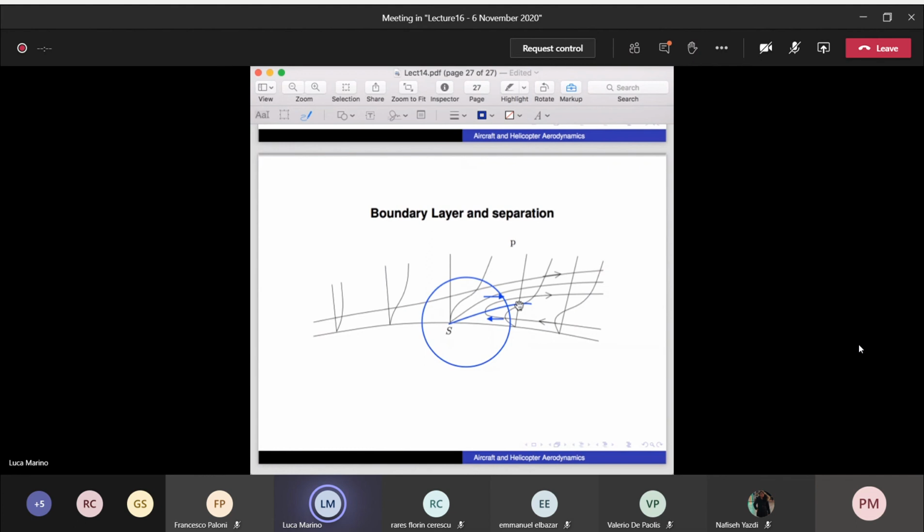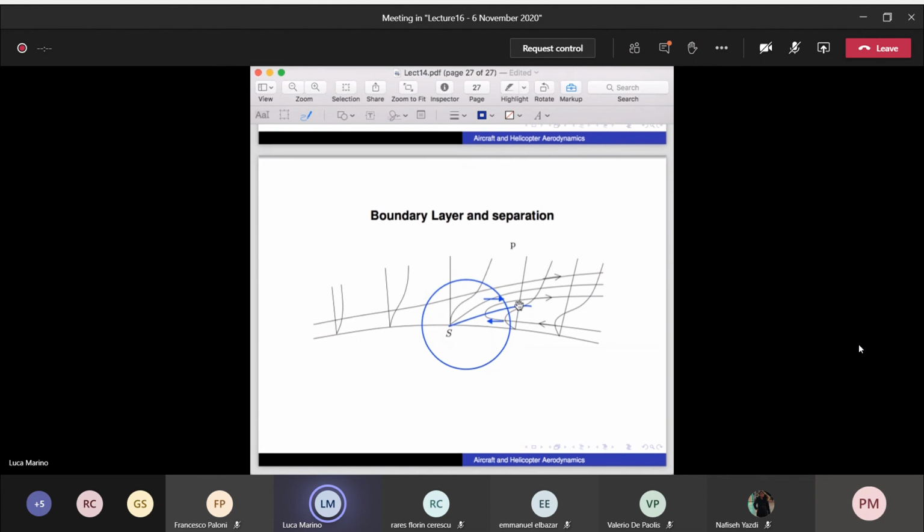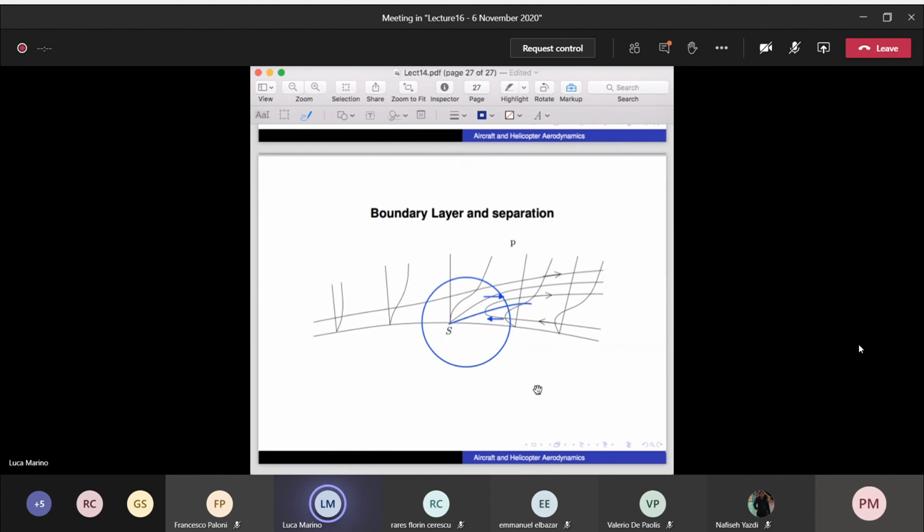But it's important for me that you fix all the main points of the boundary layer: the point where we started, the hypothesis, and the main properties of the boundary layer. Next time we will see how we can use the boundary layer to obtain an analysis of the drag, okay? In particular, the friction.